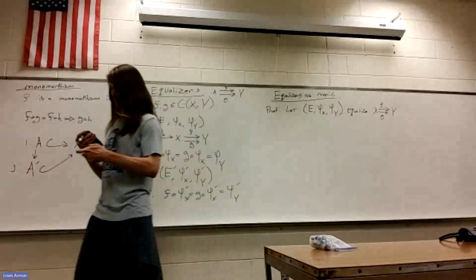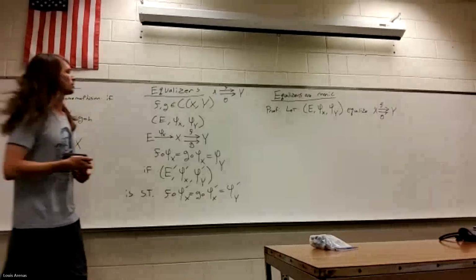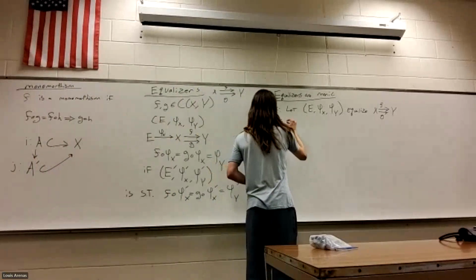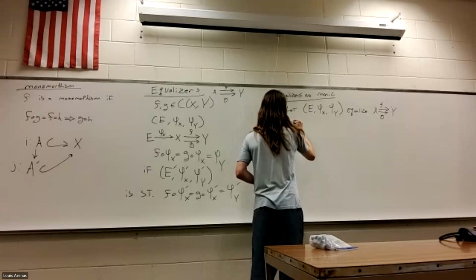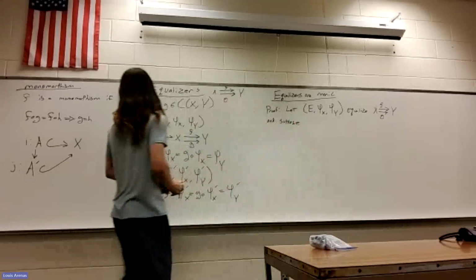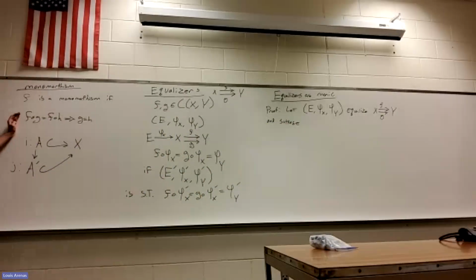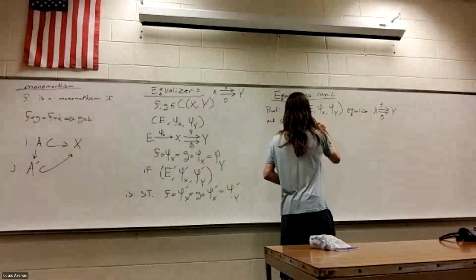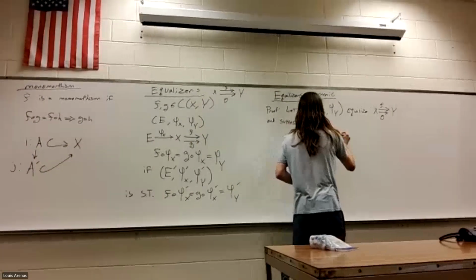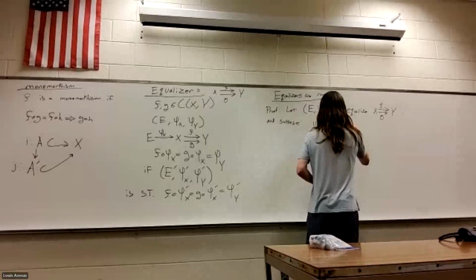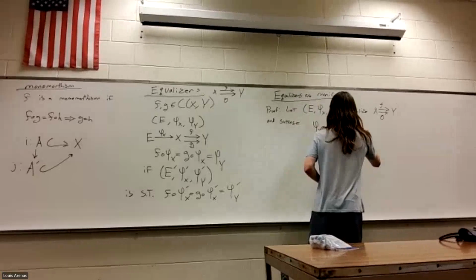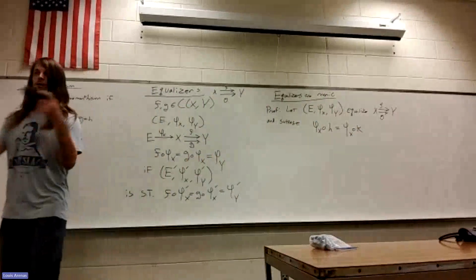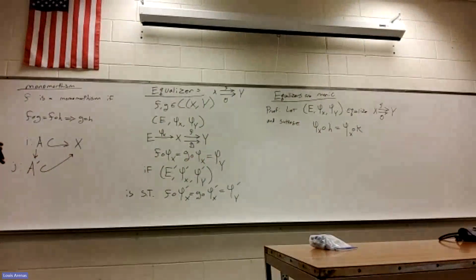That's our assumption, and we want to show that it's a monomorphism. A monomorphism is left canceling. We want to somehow show that H and K are equal.